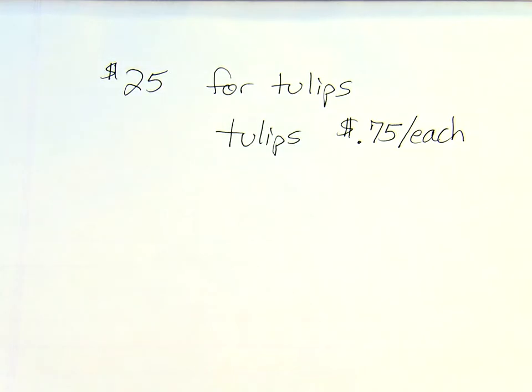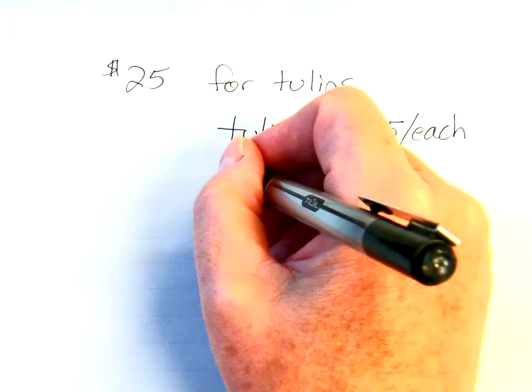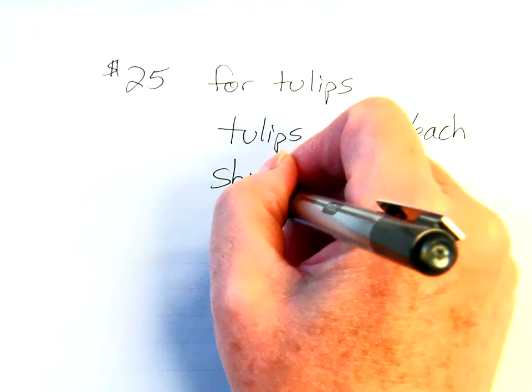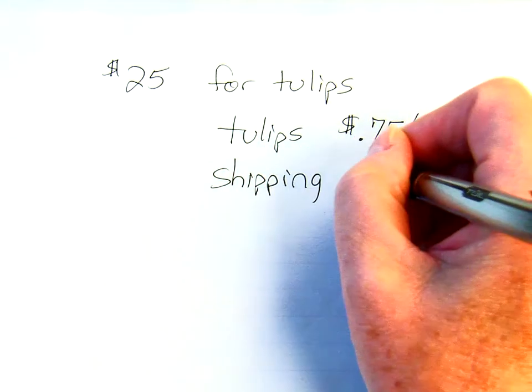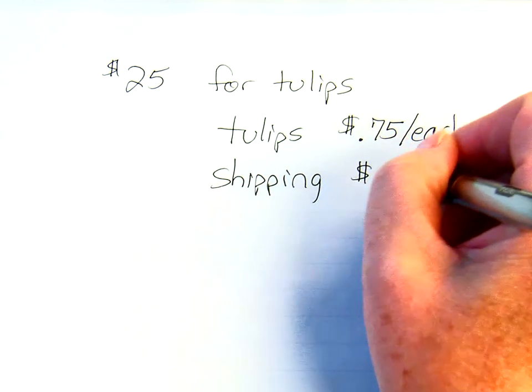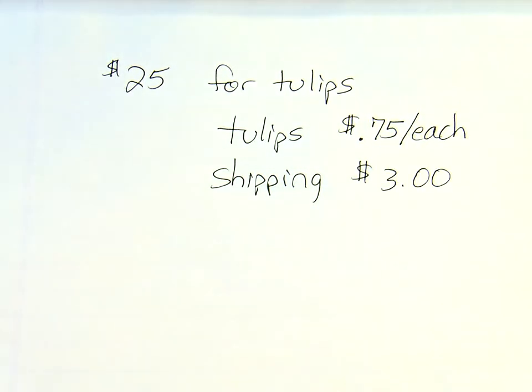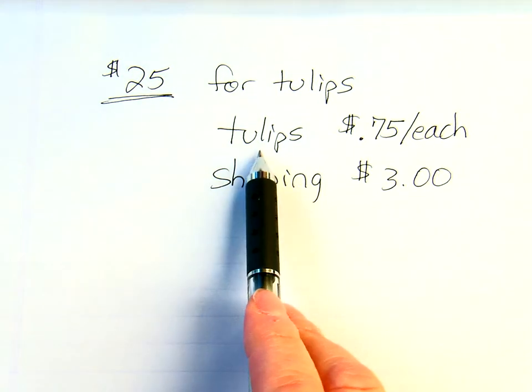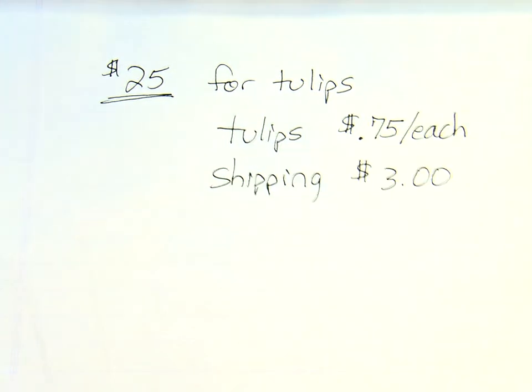We also have a shipping charge. We have shipping costs of $3. Okay, so let's look at what we know and what we don't know. $25 is the maximum amount that we have. So we don't know how many tulips we can buy.